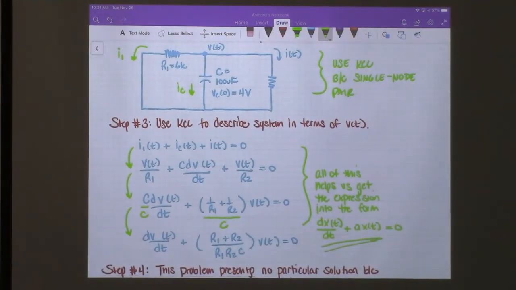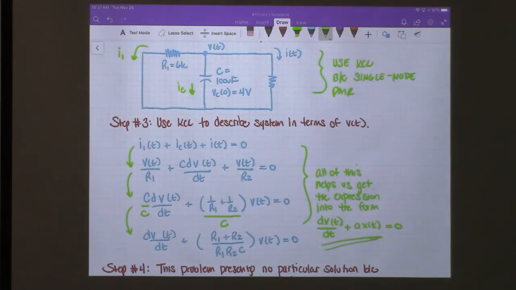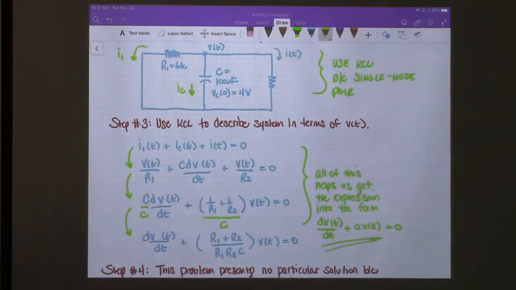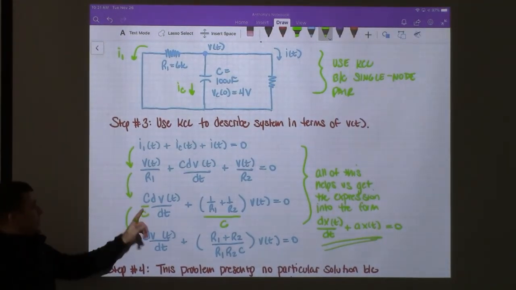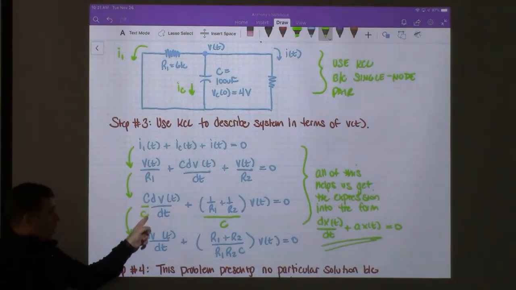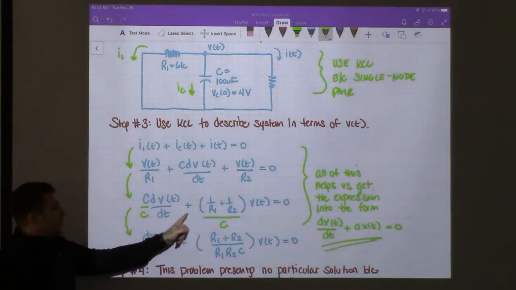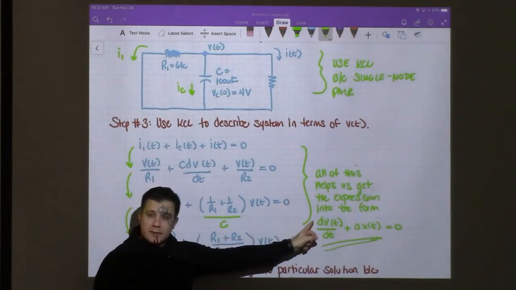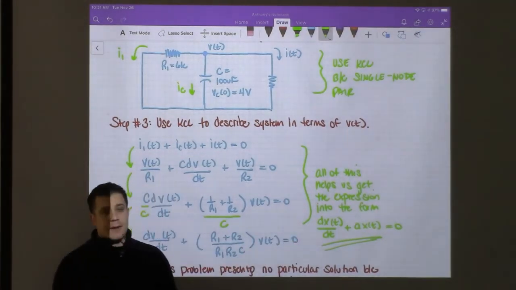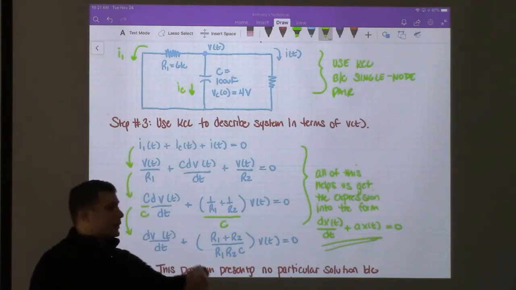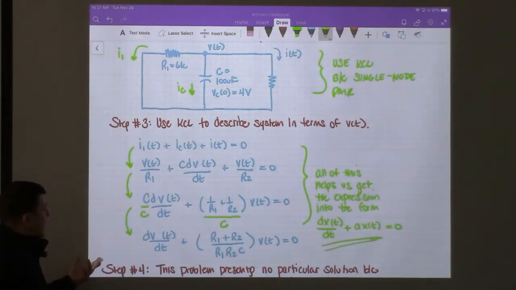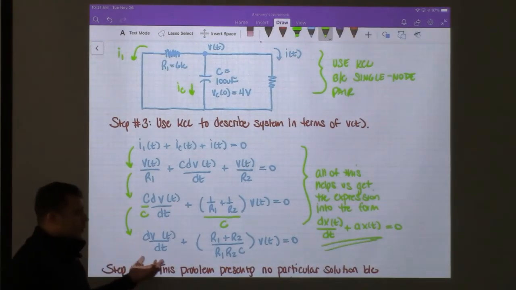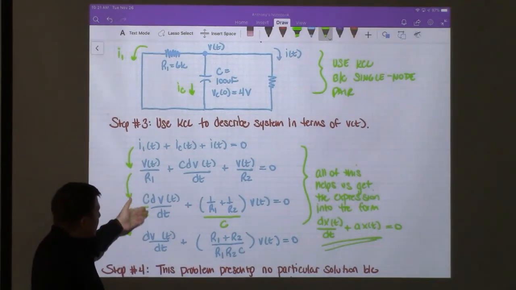I'm already starting to try to put this into the form that we're used to seeing, which is 1 times dx dt plus a x of t equals f of t. So I'm trying to get it into that form again. So we'll divide by the coefficient of the first order differential, the capacitor, to get rid of that.